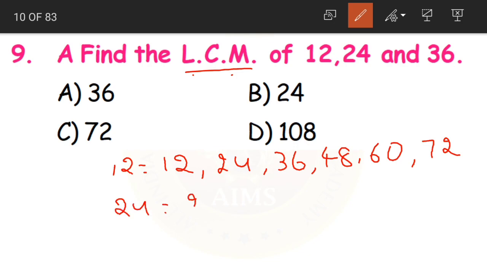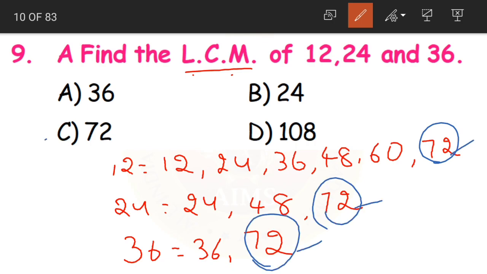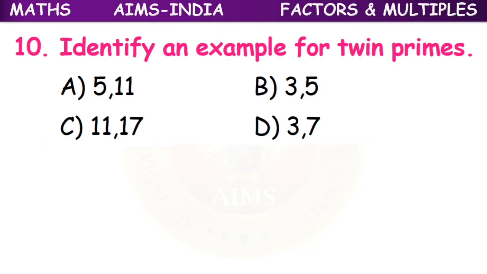Next, coming to 24 ones are 24, 24 twos are 48, 24 threes are 72. Coming to 36 ones are 36, 36 twos are 72. So what is our common multiple here? The first common multiple is 72. So 72 becomes our least common multiple. What is it, children? Option C.